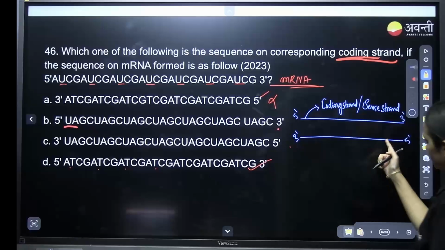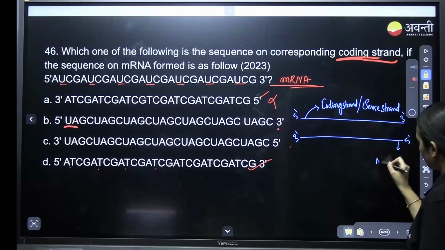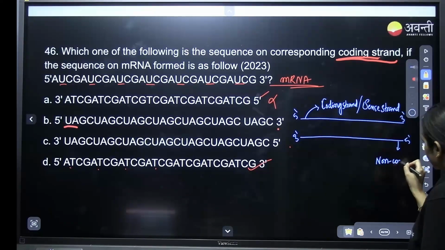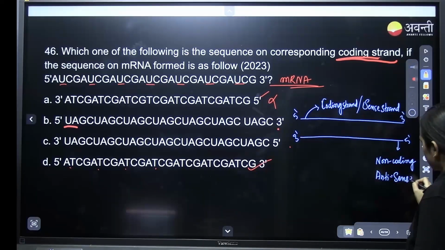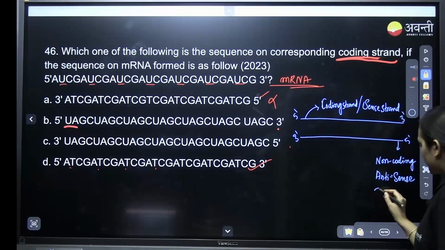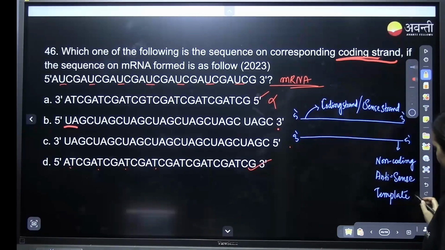This one we call the non-coding strand, otherwise we call it the antisense strand, otherwise the template strand. Why do we call it template?